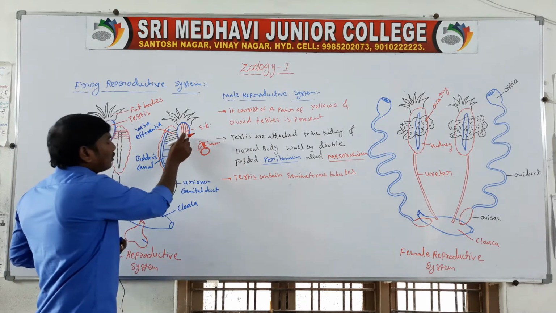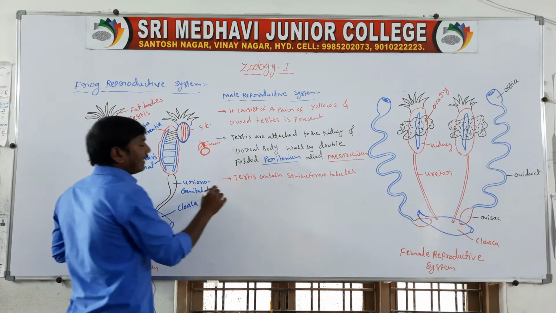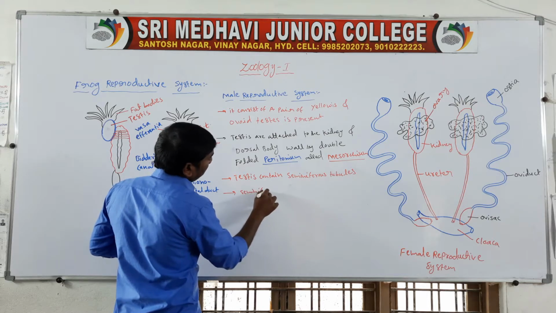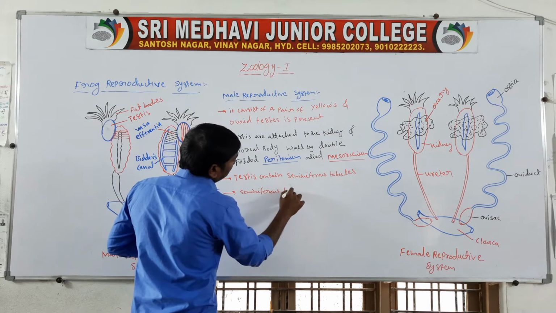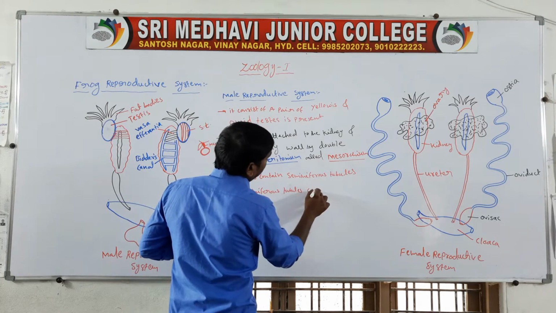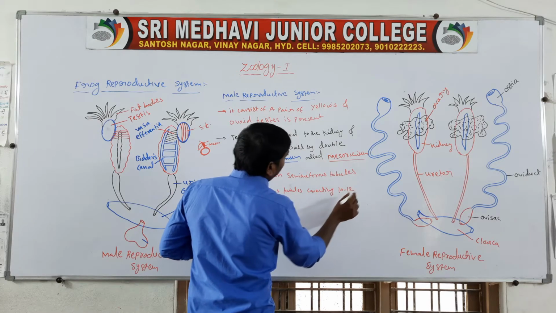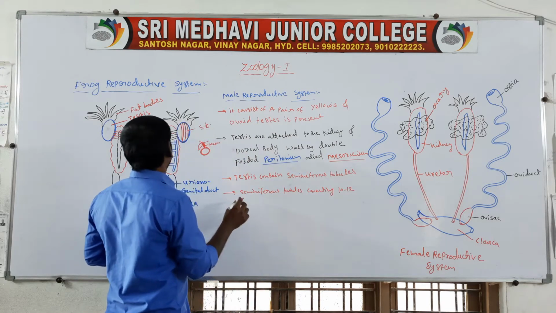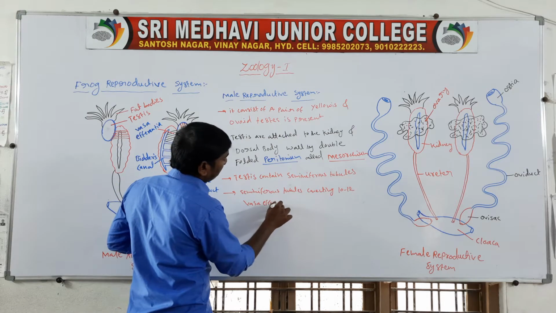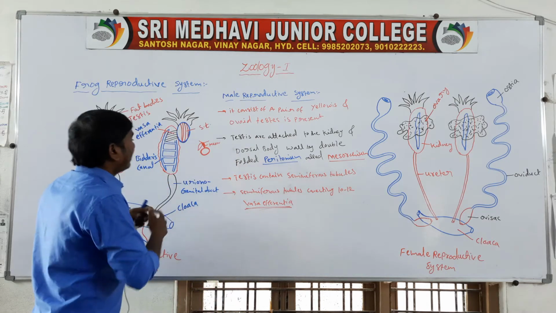The seminiferous tubules connect through 10 to 12 vasa efferentia.